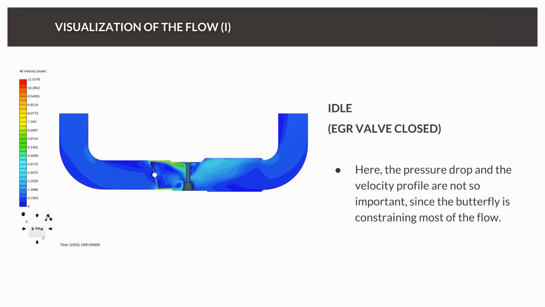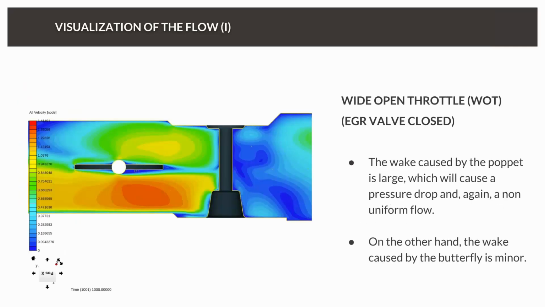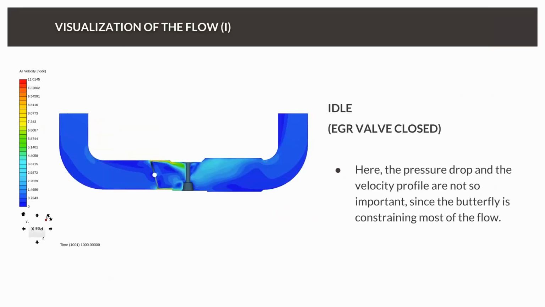If we now compare it with the idle mode, not only is the poppet closed, but also our butterfly valve. This leads to very low flow rates, and in this case pressure drop and velocity profile are not so important, since the flow is mainly constrained by the butterfly.